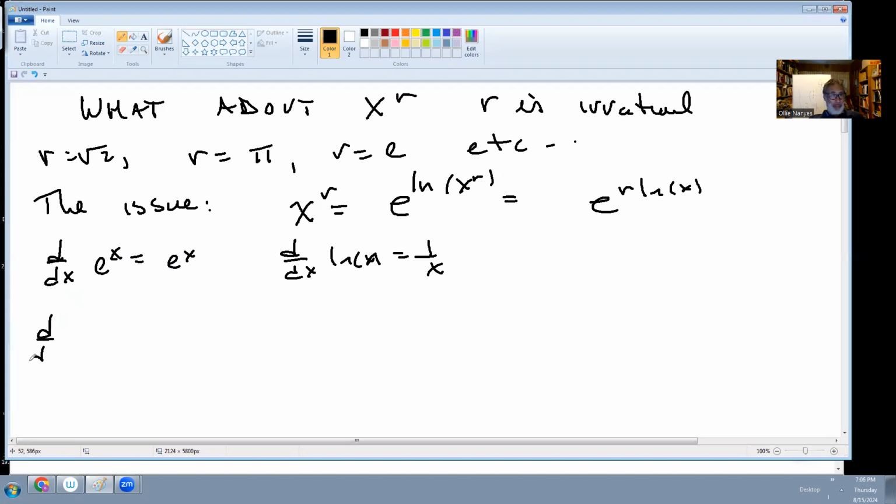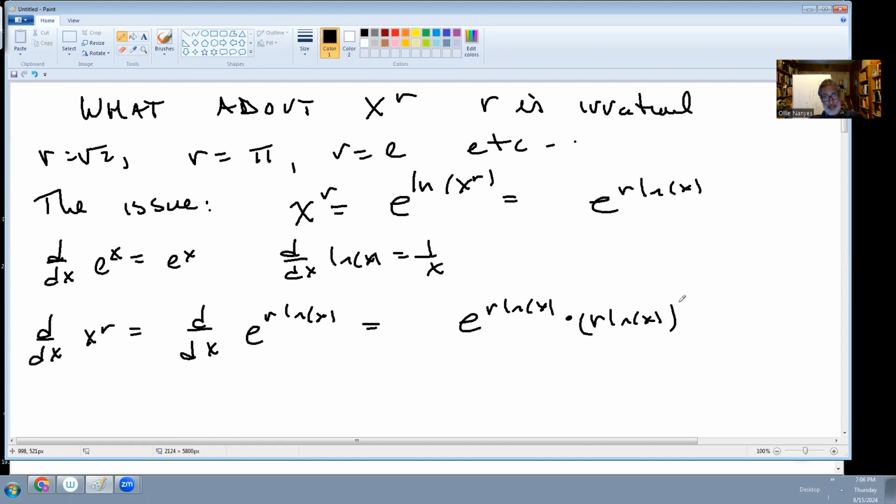So then the derivative of x to the r is the derivative of e to the r log x, because those are equal. And that's going to be e to the r log x times the derivative of this. But we already know that this is e to the r log x times r.